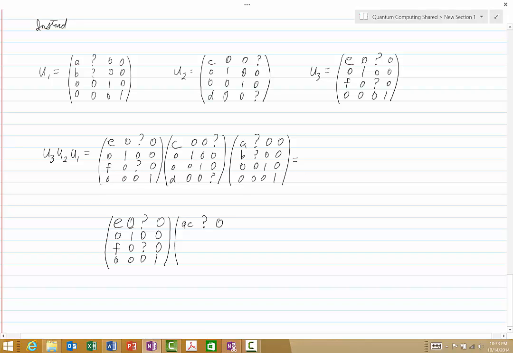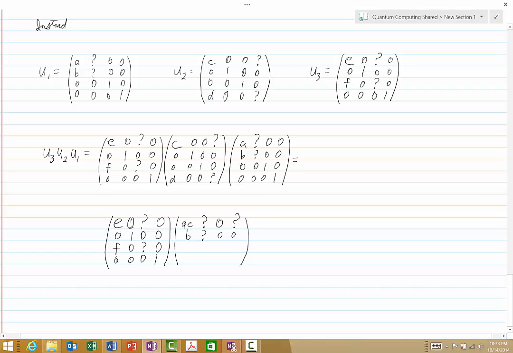So we'll get 0 here, and then finally this row times the last column, well, we're going to get a question mark times this 1, and so that gives us a question mark. Now, for 0, 1, 0, 0, when you multiply something like this times a matrix, it's just going to choose the second row. So we get B question mark 0, 0.